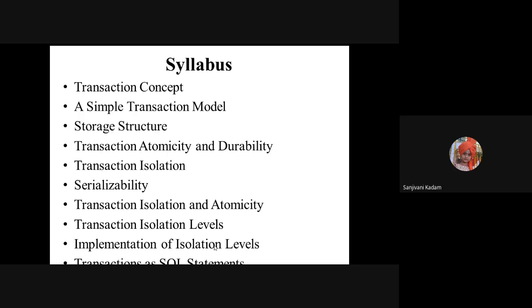These are the syllabus points of this chapter: transaction concept, simple transaction model, storage structure, transaction atomicity and durability, transaction isolation, serializability, transaction isolation and atomicity, transaction isolation levels and implementation of isolation levels, and last, transactions as SQL statements.